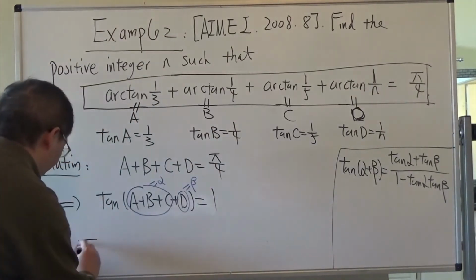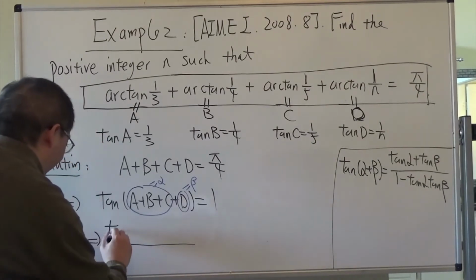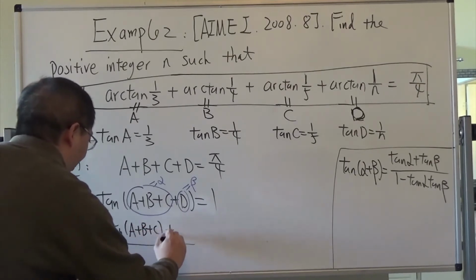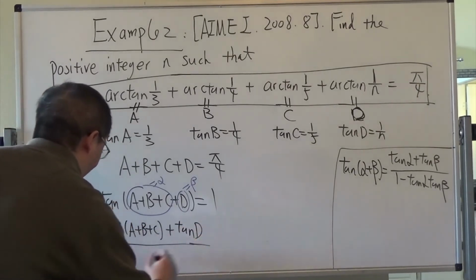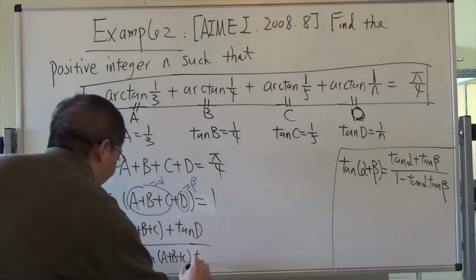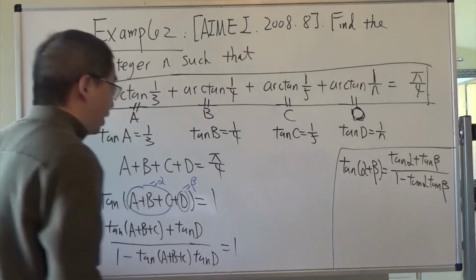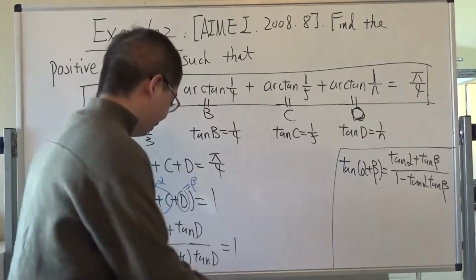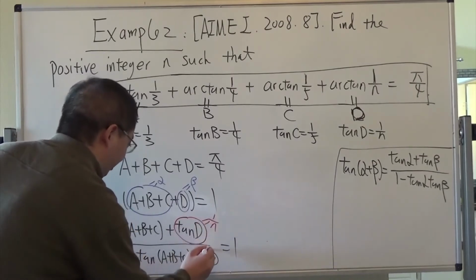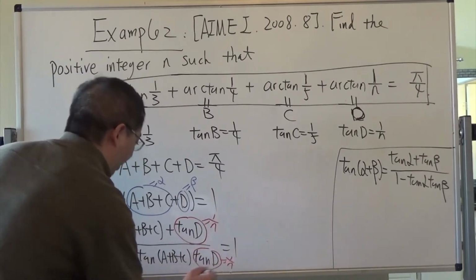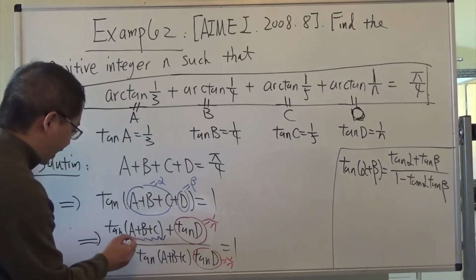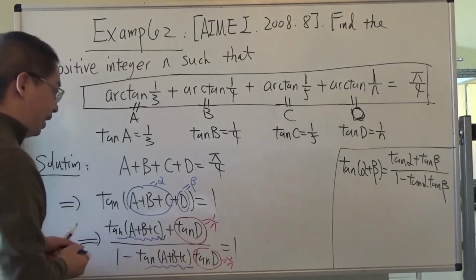This implies tangent of (A plus B plus C) plus tangent D, over 1 minus tangent of (A plus B plus C) times tangent D, equals 1. Now tangent D, we already know, is 1 over n. That's what we need to figure out. Therefore, all I need to do is figure out tangent of (A plus B) and tangent of (A plus B plus C).